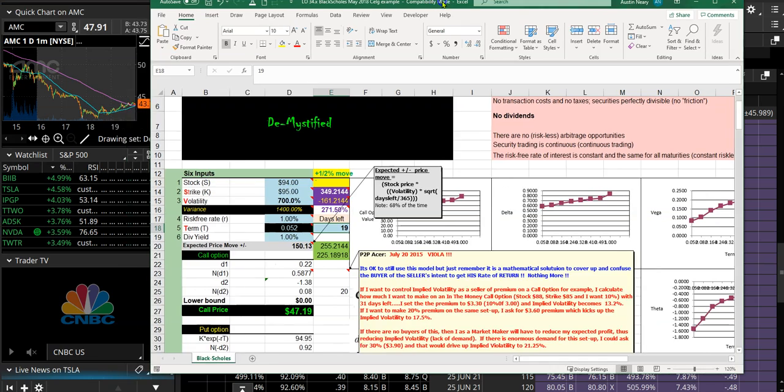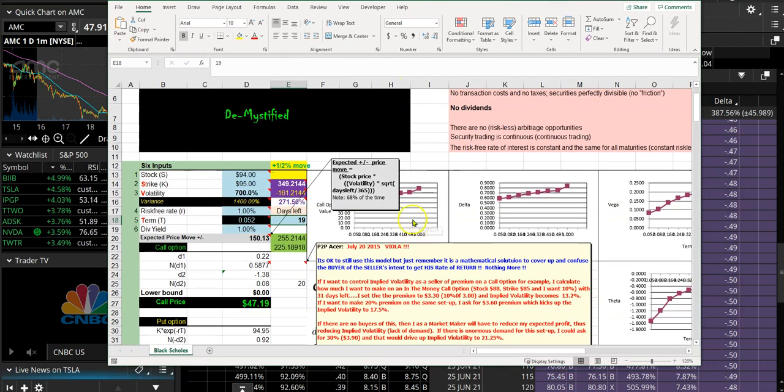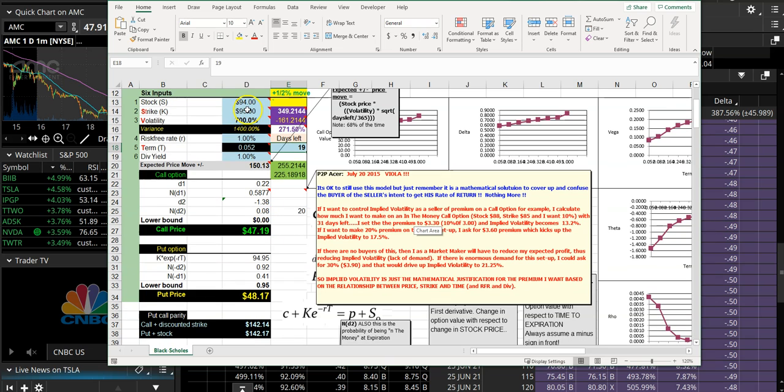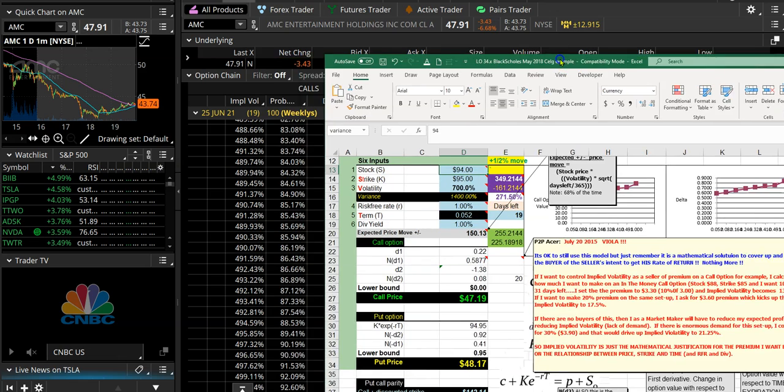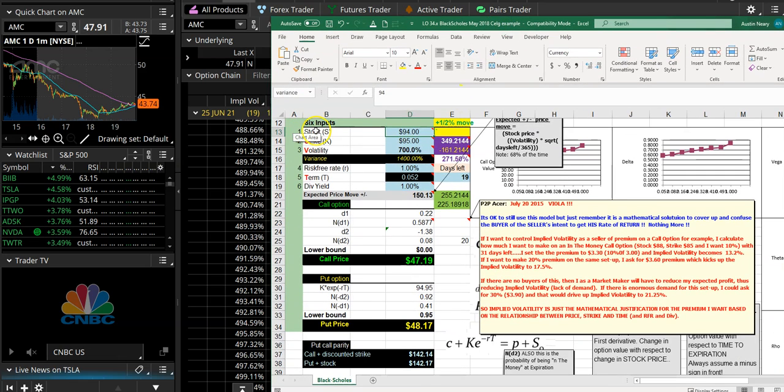So here's a spreadsheet I built a few years ago to try to demystify this whole thing. So what we have here is we want to put in the underlying, here's the stock. And so we're going to put in 47.91.